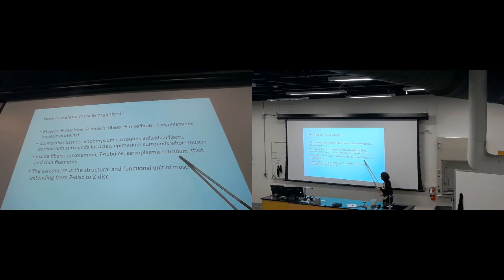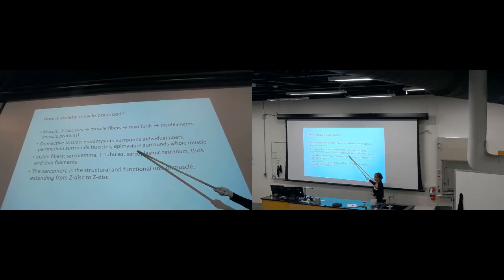You call it a T-tubule. And on the sides of the T-tubule, you have the calcium storage organelle, which is the sarcoplasmic reticulum. And inside the cytoplasm of these cells, we have the myofilaments, thick and thin filaments. So these are components of the muscle cells.